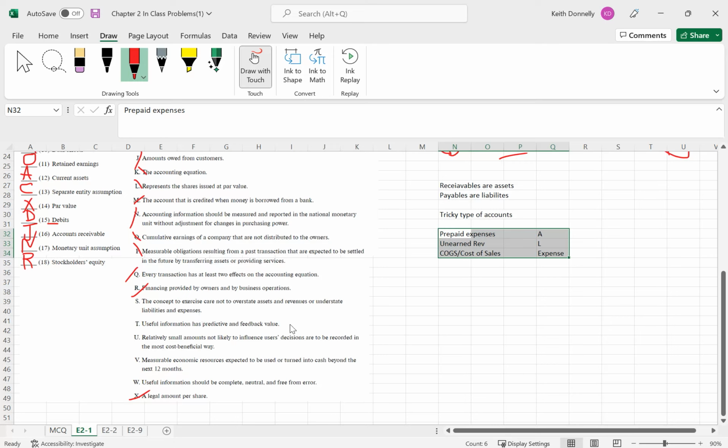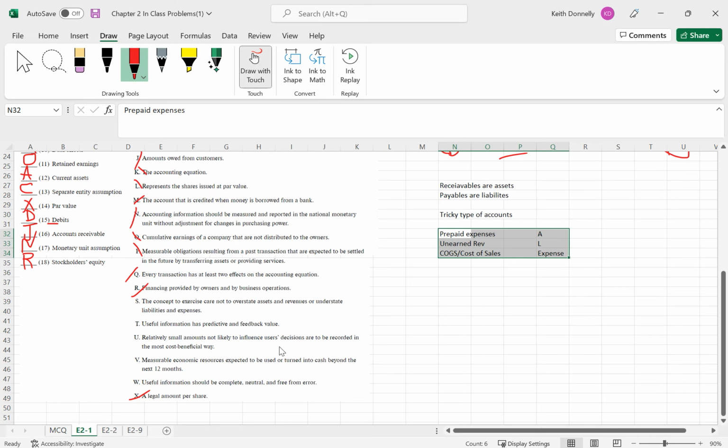Useful information has predictive and feedback value. So we talked a little bit about useful information, right? We said it has to be relevant and faithfully represented. Here, relatively small amounts not likely to influence decisions, that's kind of a relevancy concept. If it's so small, we're not going to care about it. It's not going to be relevant. It would be immaterial.